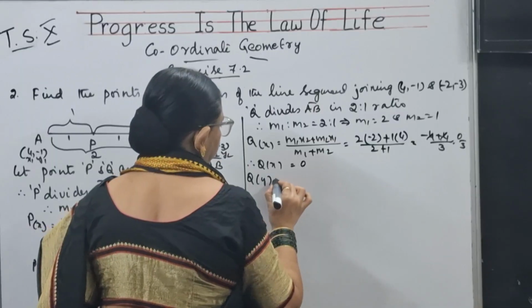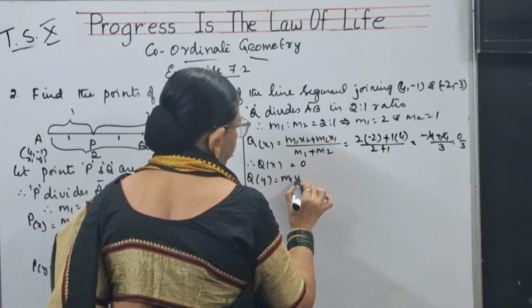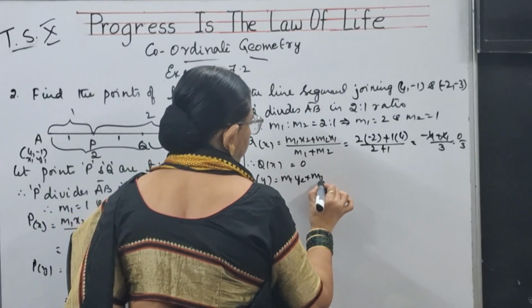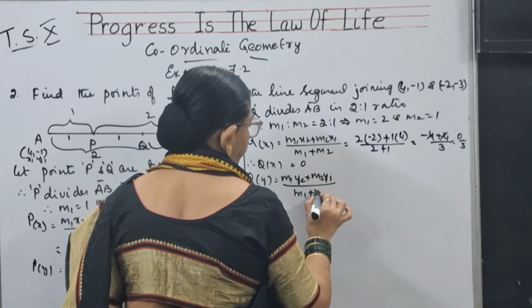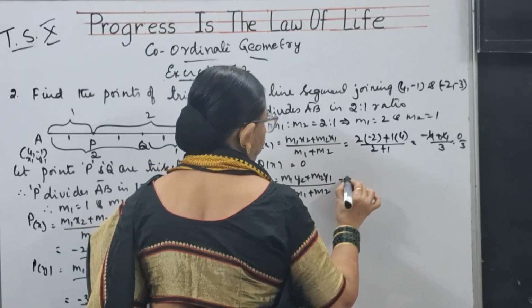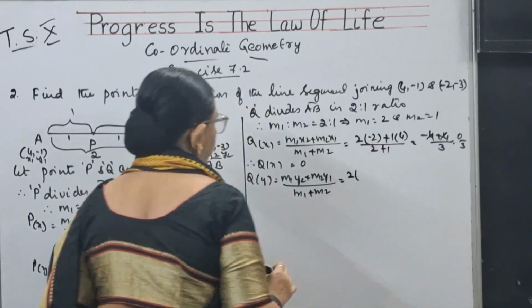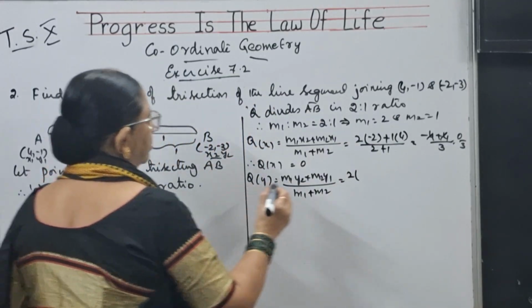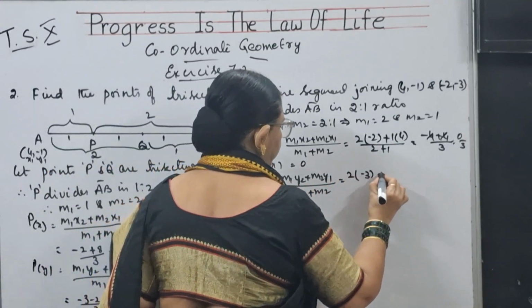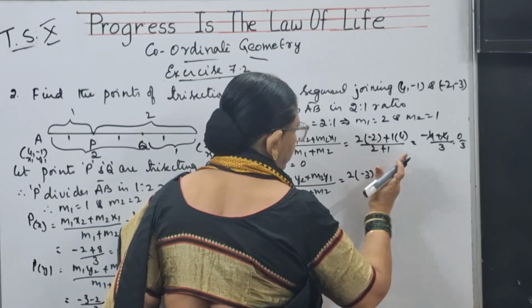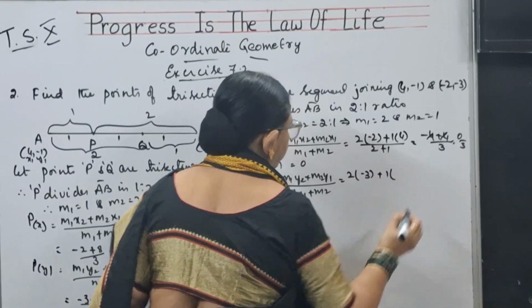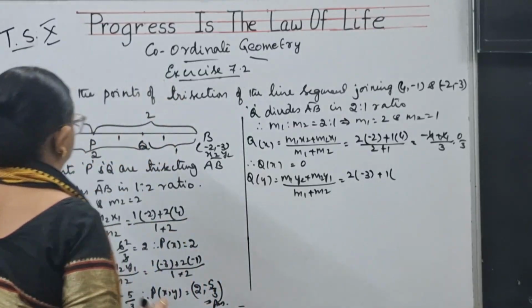Q of Y is equal to M1 Y2 plus M2 Y1 by M1 plus M2. That is equal to M1 is 2 into Y2. Y2 is minus 3, plus M2. What is M2? M2 is 1 into Y1.